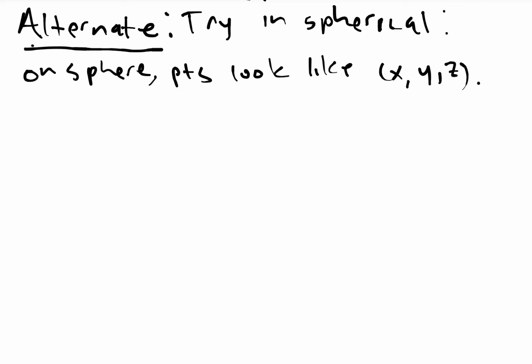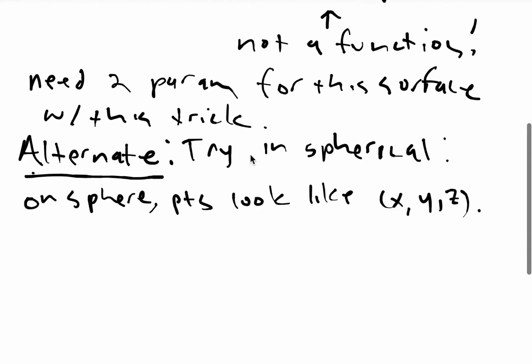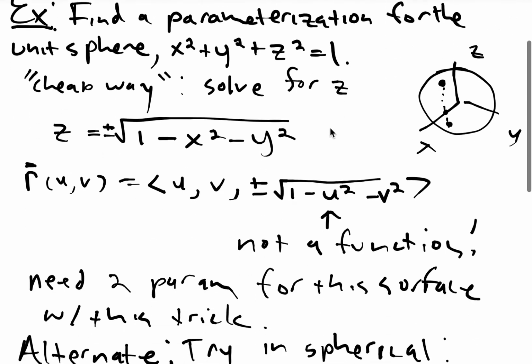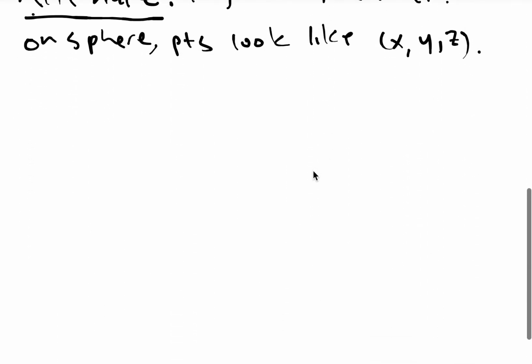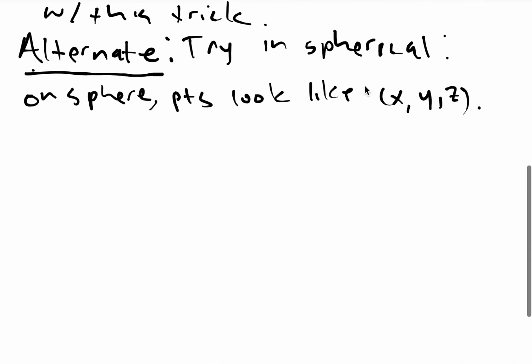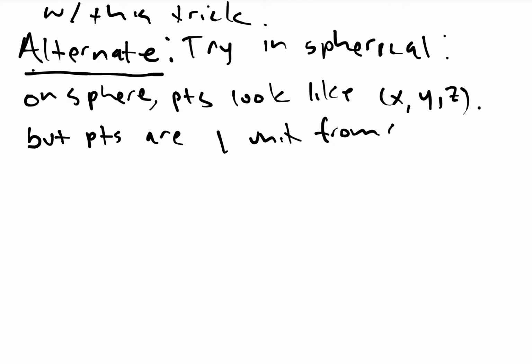But every single one of those points on the sphere, since this thing started out being basically radius 1, I'm going to make note that all of my points are 1 unit away from the origin.